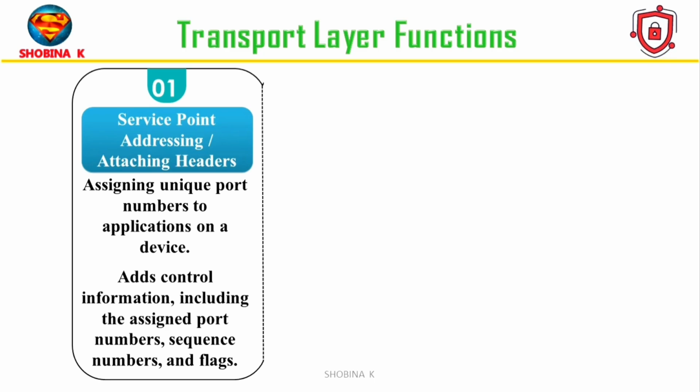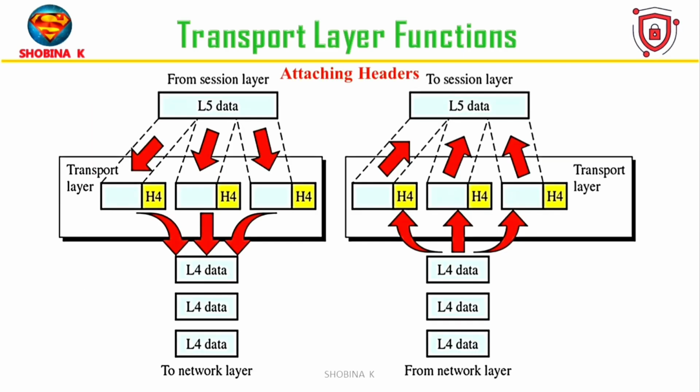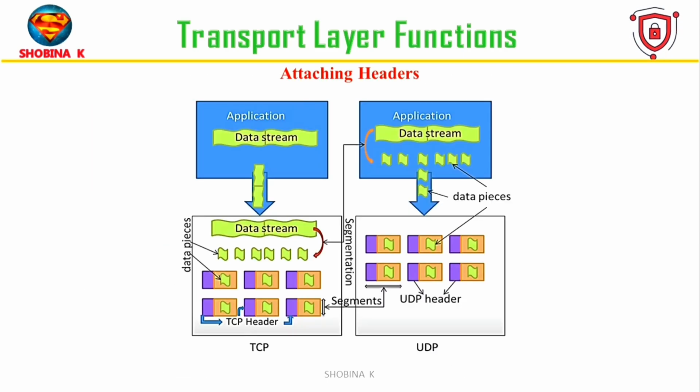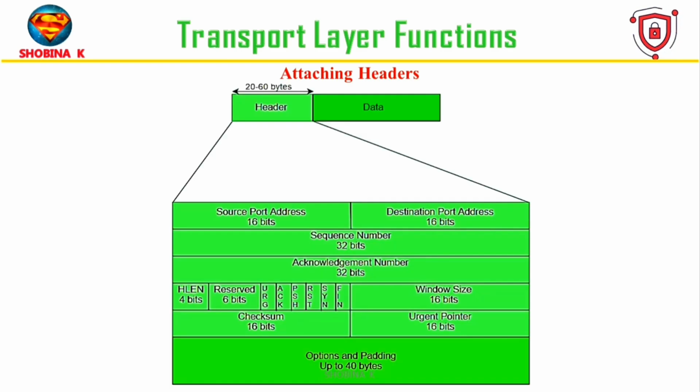And the next function is attaching headers. Attaching headers refers to the process of adding control information to the data segment being transmitted. This is done by creating a header that contains various necessary fields for proper handling of data. The control information includes source port, destination port, sequence number, acknowledgement number, HLEN, RES, flags, window size, checksum, urgent pointer, options.